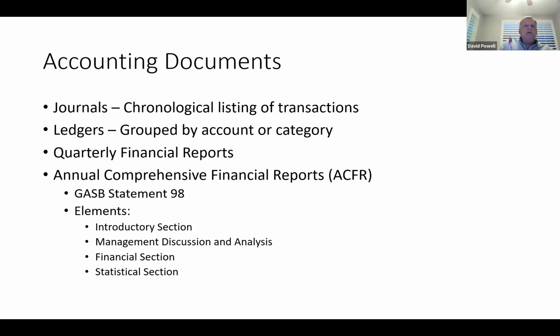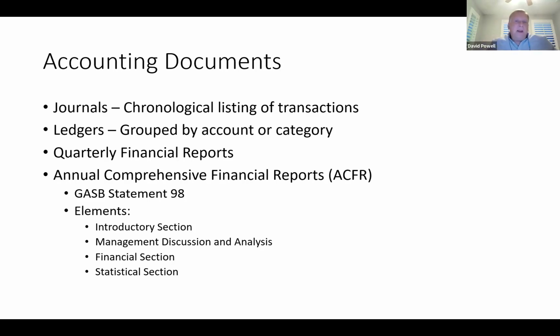I've attached the annual comprehensive financial report for the city of Long Beach to our Canvas site for this week. And you'll see Long Beach is now calling it the annual comprehensive financial report. GASB Statement 98 requires all governments to make that transition to annual comprehensive financial reports.